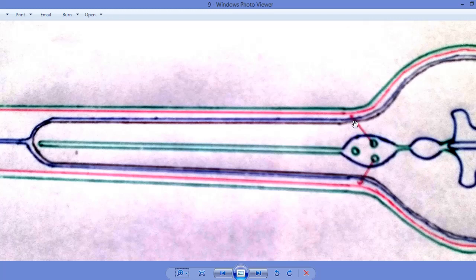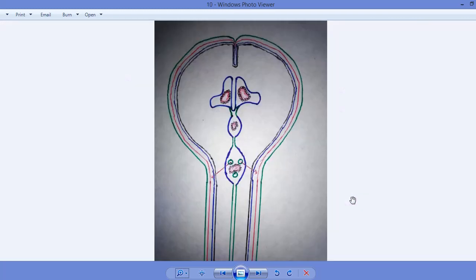These lateral foramina transfer the cerebrospinal fluid from the fourth ventricle to the subarachnoid space laterally, while the central one, the foramen Magendie, also transfers the cerebrospinal fluid from the fourth ventricle to the subarachnoid space, but it goes dorsally. It goes backward.